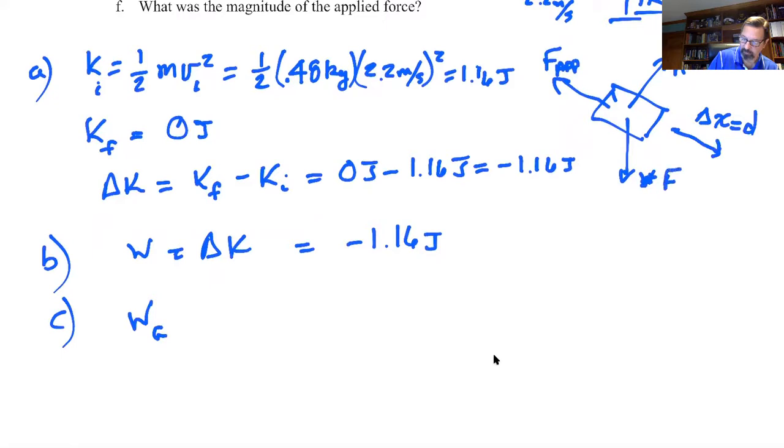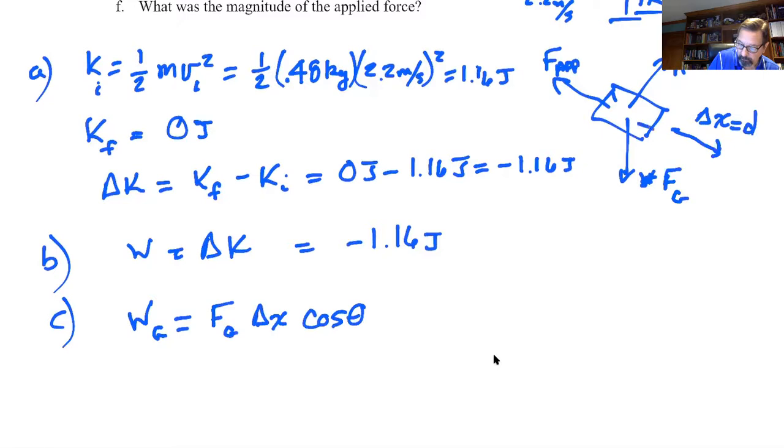Let's go with force of gravity here instead, because you can see we're using W in multiple applications. So work done by gravity is equal to the force of gravity, the weight, times the displacement, times the cosine of the angle in between the force of gravity and the displacement.